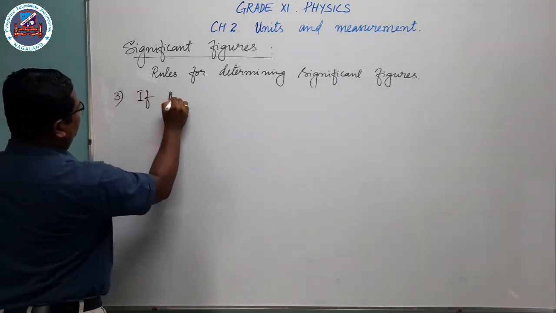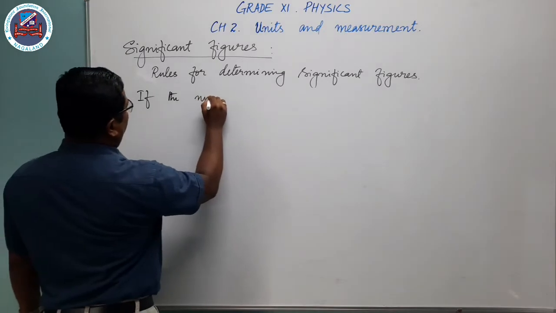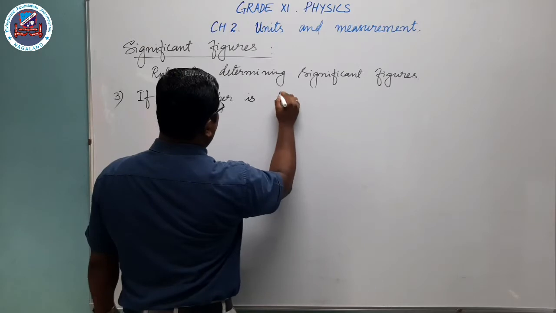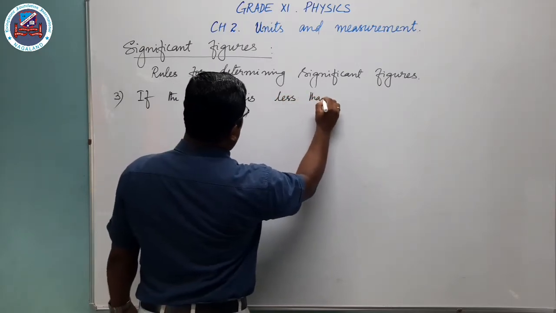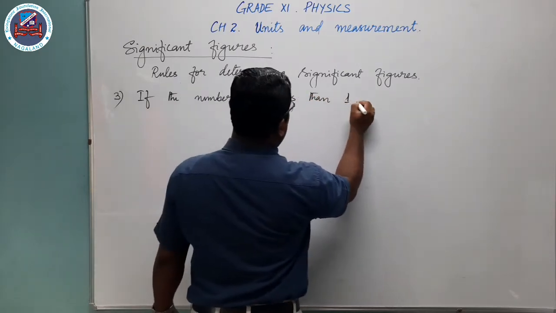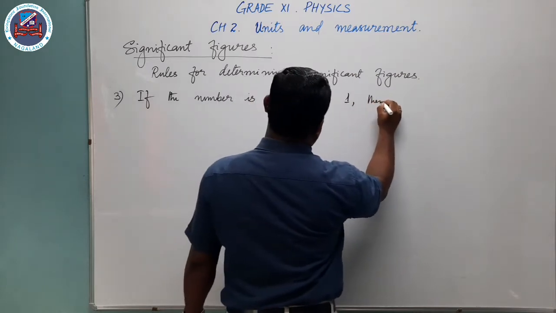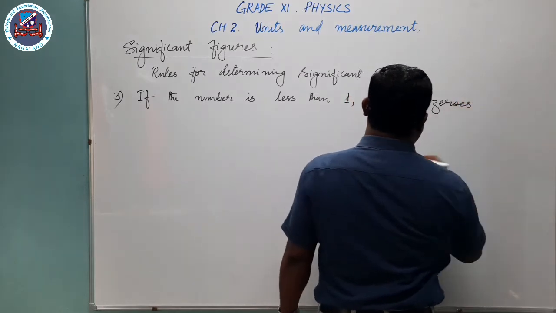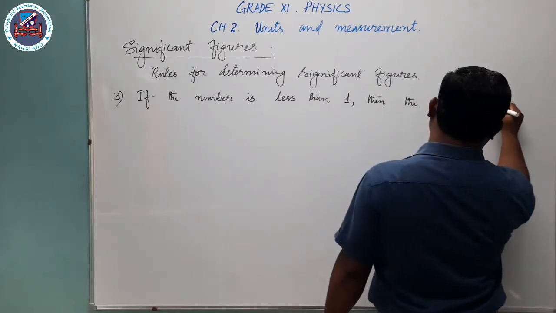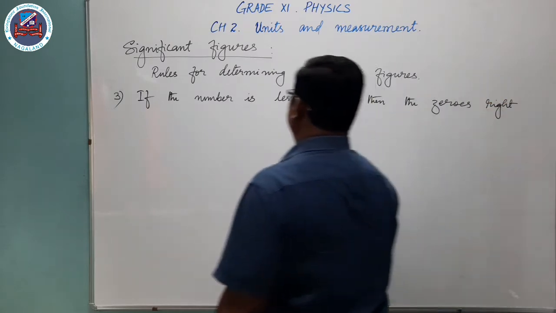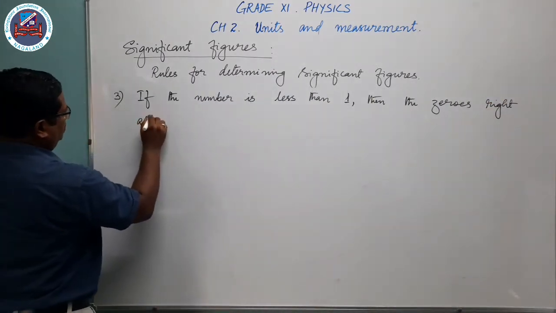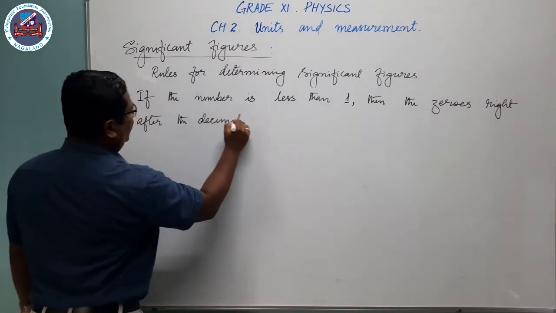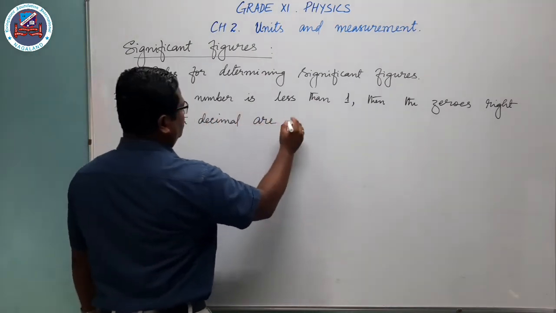If the number is less than 1, then the zeros right after the decimal are not significant.